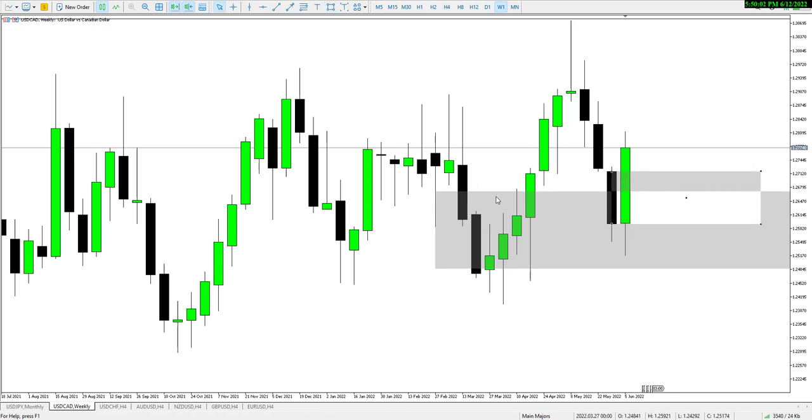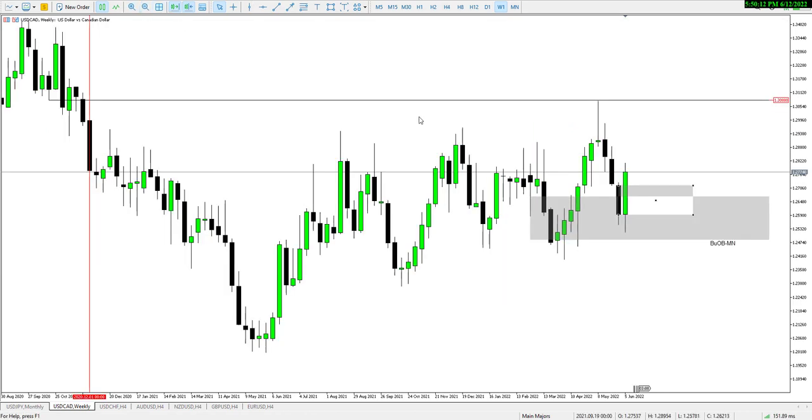Now we are defining our entries. We already noted that we should be looking for longs, but from which discount area should we target longs? Number one, remember, you should not be struggling to identify these premium and discount areas, guys. If you see yourself struggling, then something is wrong. You need to move on and look at another chart.